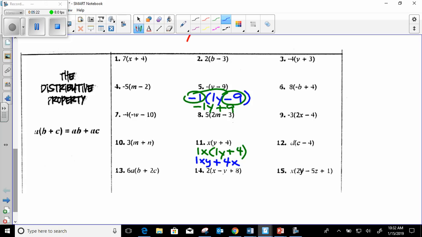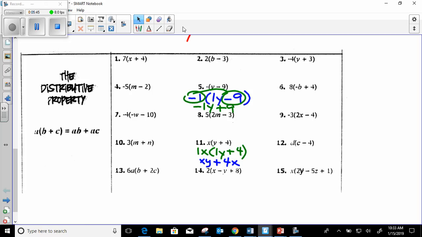Now, that 1xy is really xy. And what I would recommend, the correct answer, is we're going to take away these ones, because the correct answer is really xy. Even though it's an invisible 1, we're going to take that away.